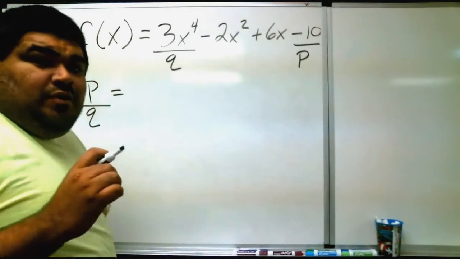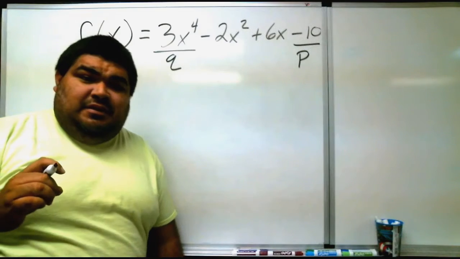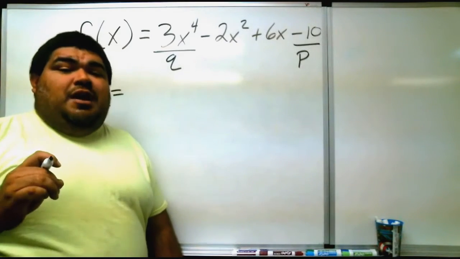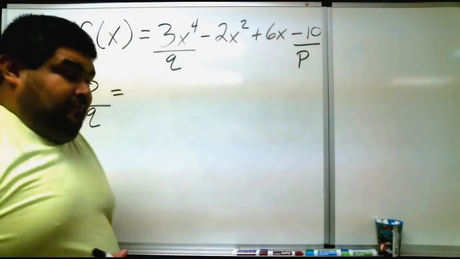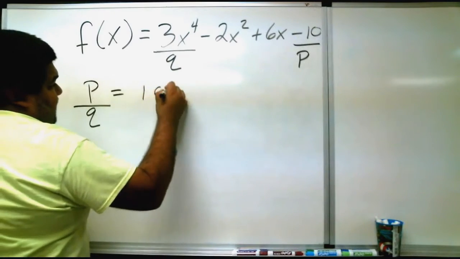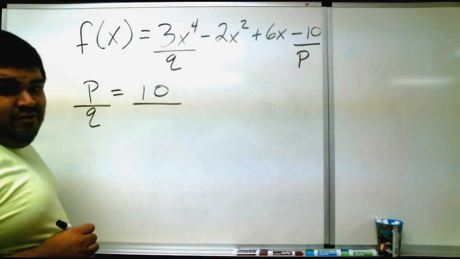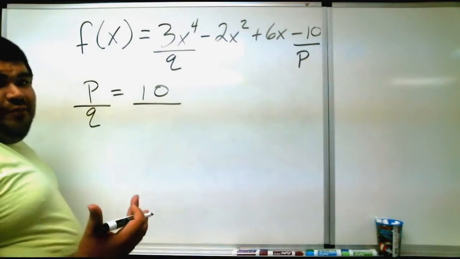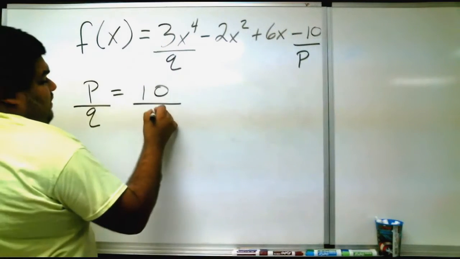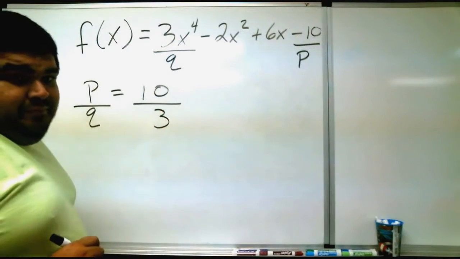We're not really going to worry about the negatives and positives in this problem. All we need is the 10. So we have 10 over our Q, or leading coefficient, which in this case is 3.